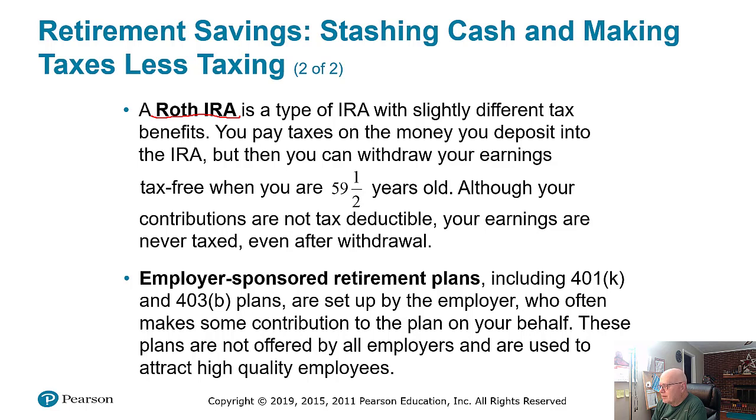So it's a trade-off. Do you want it taxed first, or do you want it taxed later? And last of all, one good thing about having a nice employer is sometimes they'll set aside money for you in 401k plans. These are used as incentives to get the best employees possible.